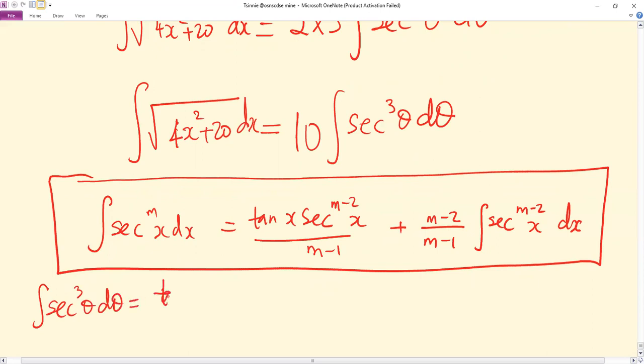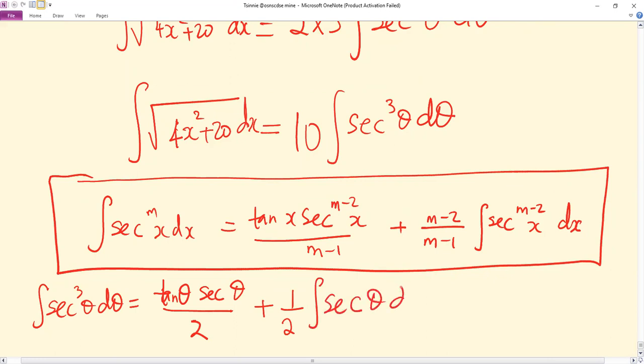This will be tan theta sec to the 3 minus 2, which is 1, over 3 minus 1, which is 2, plus (3 minus 2), which is 1, over (3 minus 1), which is 2, times the integral of sec theta d theta.